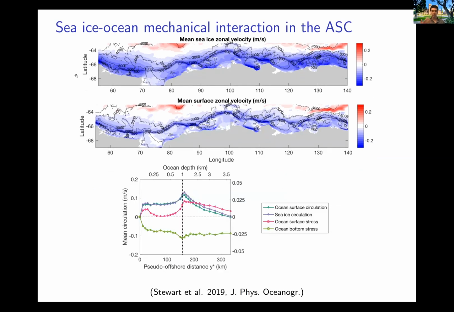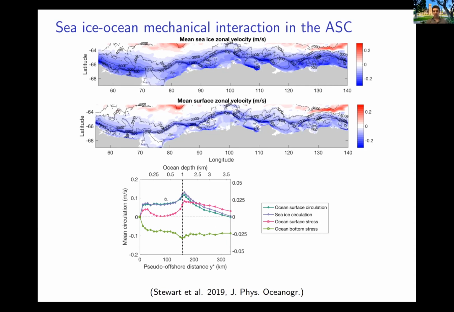As the sea ice flows, exactly where the sea ice flows fastest, it feels no frictional stress against the ocean because they go exactly the same speed. This is illustrated by this figure in the bottom, where essentially think of this as an average along the current.